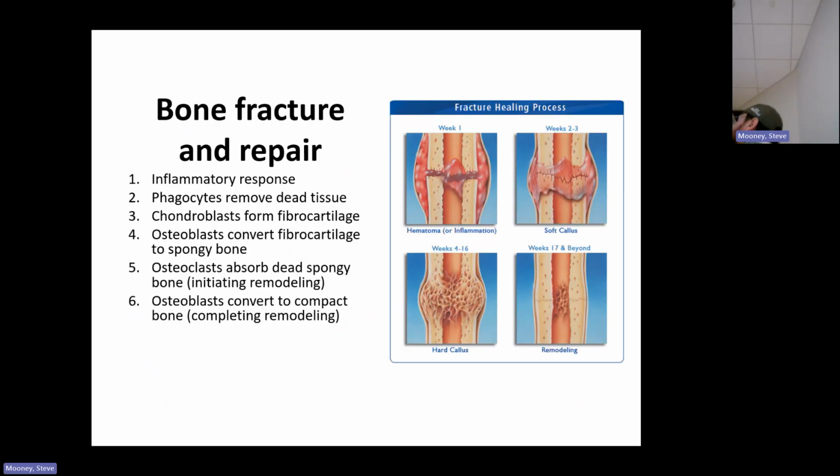So again, another set of diagrams here. You've got your soft connection, you're building stuff around, and then we start to ossify that until we get the hard, completely healed bone. And then as time goes by, depending on what the needs are, the osteoblasts and the osteoclasts will tend to remodel.